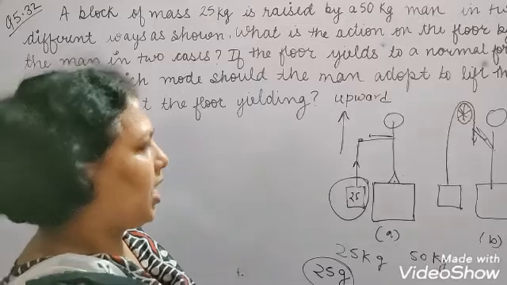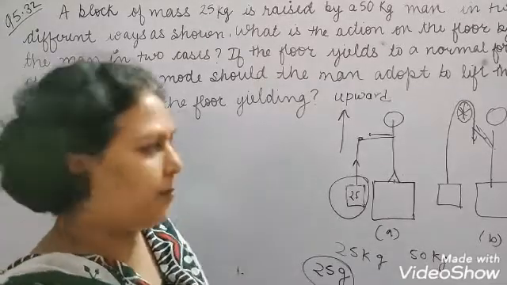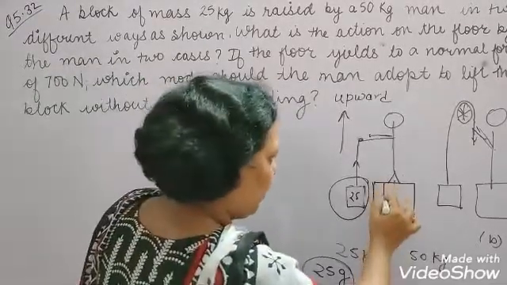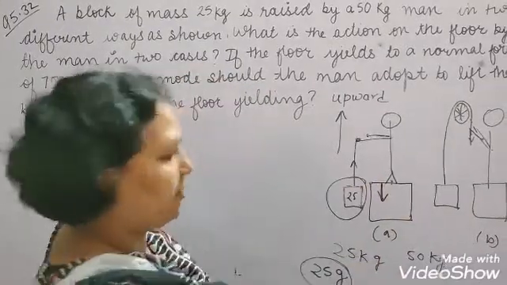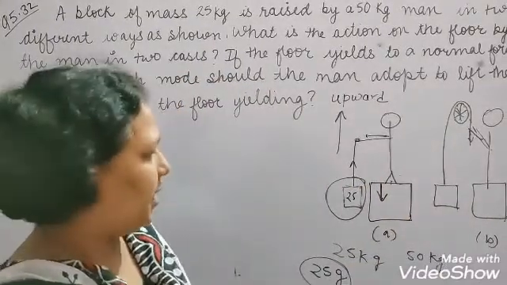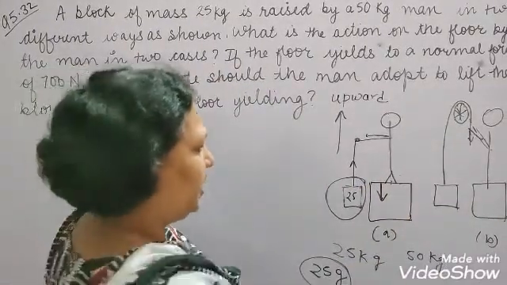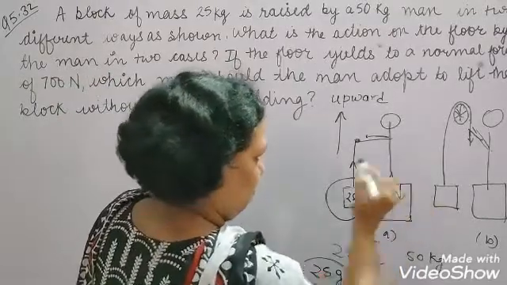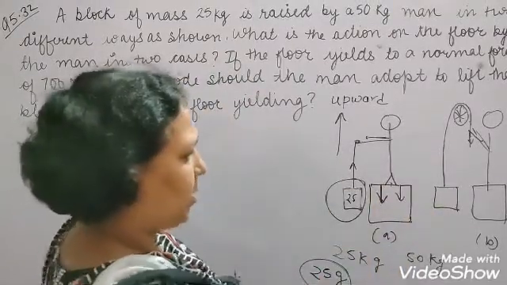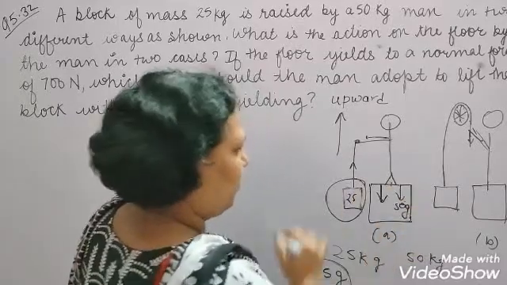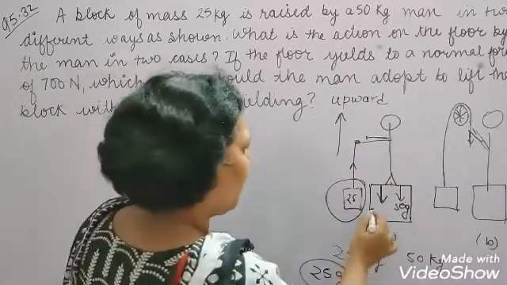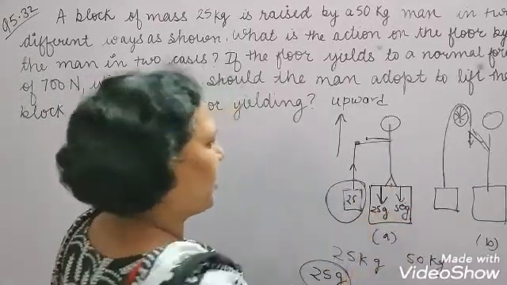So he is applying the force 25g in the upward direction, and so the reaction will be there on the floor, and that will be equal to this 25g. Already the weight of the man is working in the downward direction, so the 50g is already working here. Now 25g is also working here.